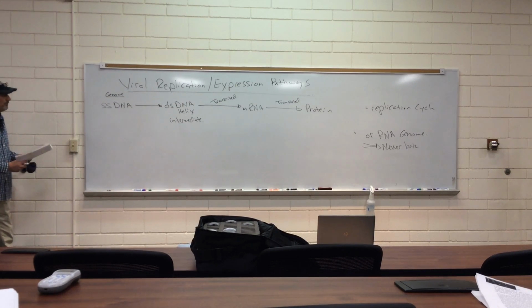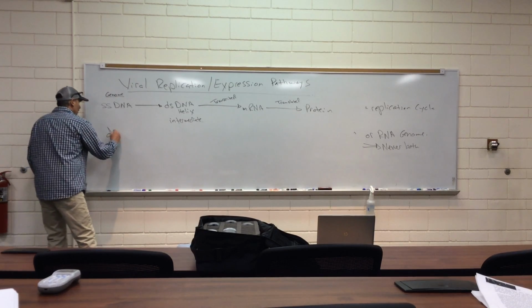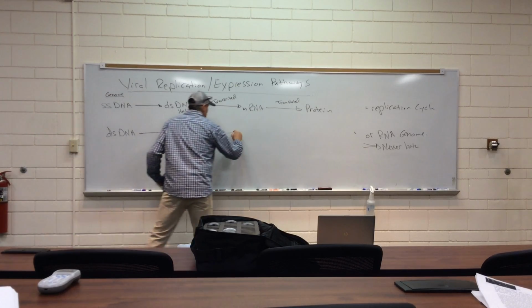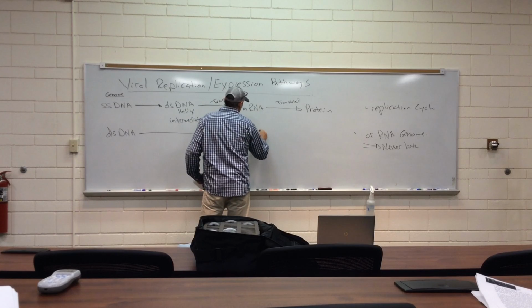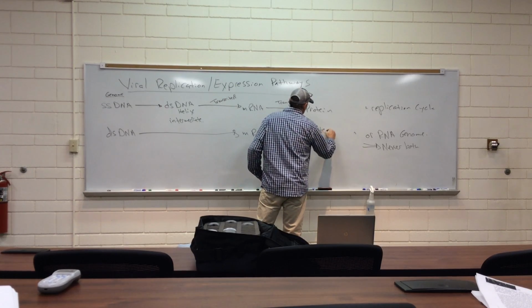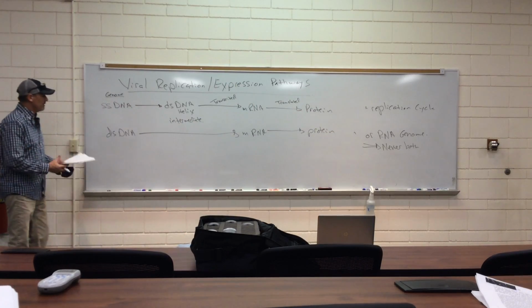Nothing too crazy. Of course, if it's a double-stranded DNA, it's just like the normal expression we're used to. So in this case, transcription to mRNA, translation to protein, with nothing hinky in between, just like what we see with our genes.